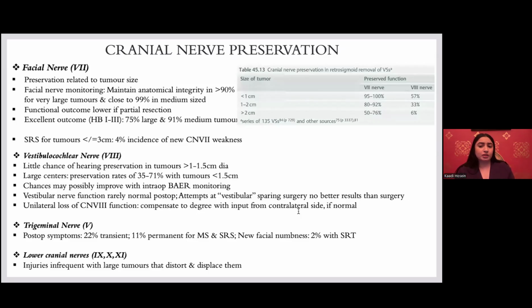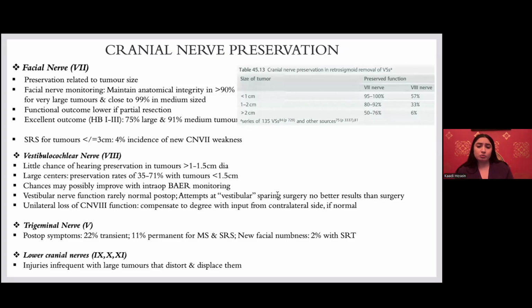Post-radiation cranial neuropathies can generally appear within 18 months following SRS. More than half of these can resolve within 3 to 6 months after onset, and the recommended treatment is a course of corticosteroids. Now, grades 1 to 3 House-Brackmann are associated with acceptable facial nerve function.